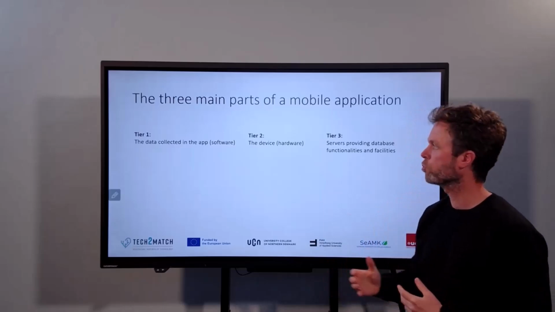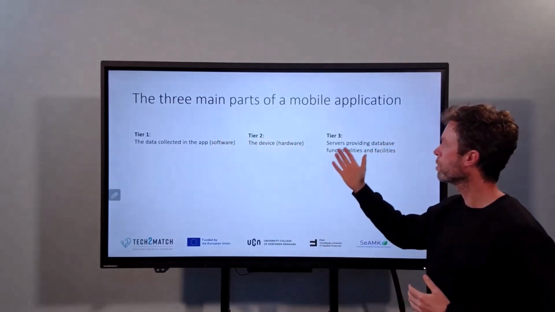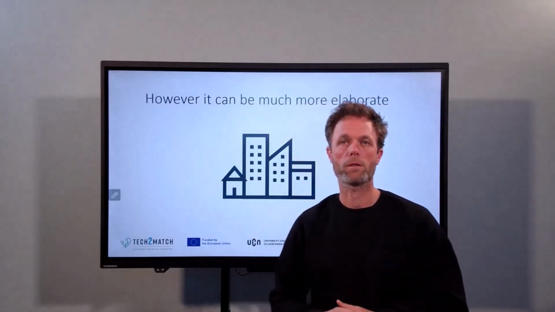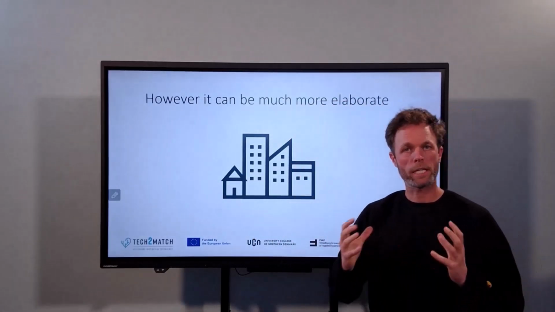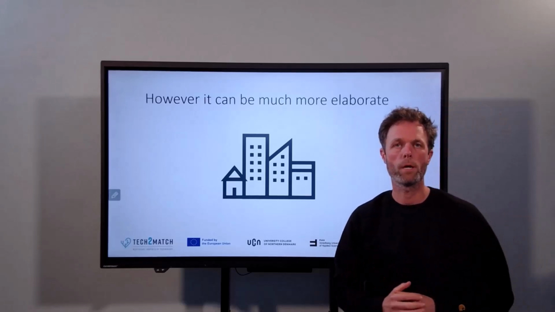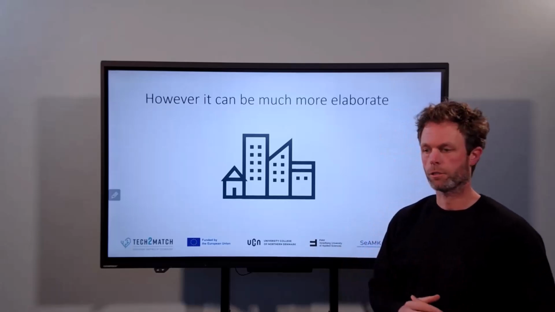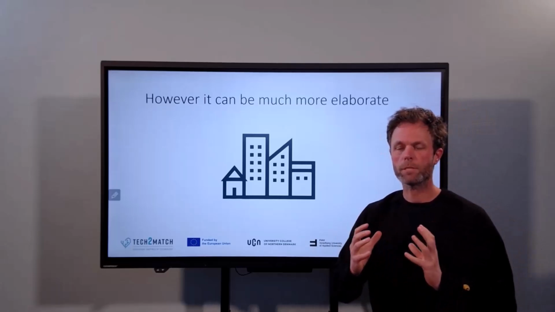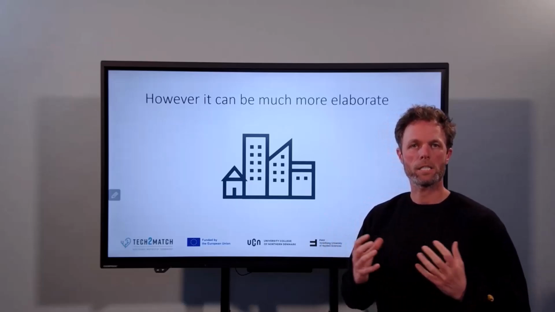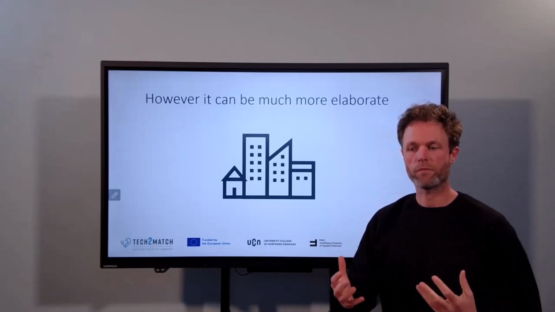This can be referred to as Tier 1, Tier 2, and Tier 3. When we talk about the technical infrastructure of mobile applications, we can also refer to the term mobile app architecture. This describes how the system is put together, and this is a system which is put together of different parts.